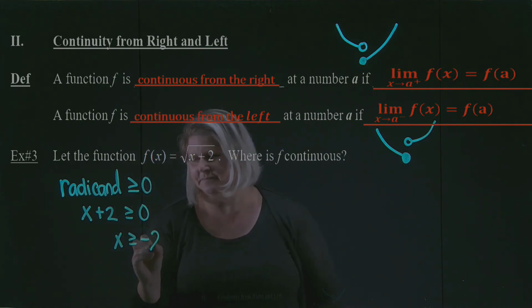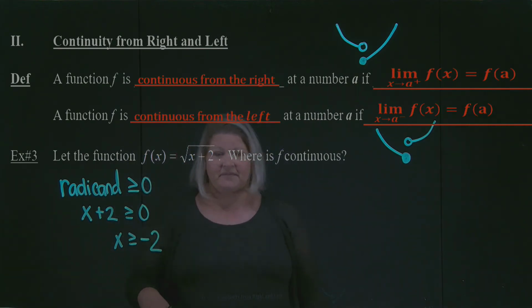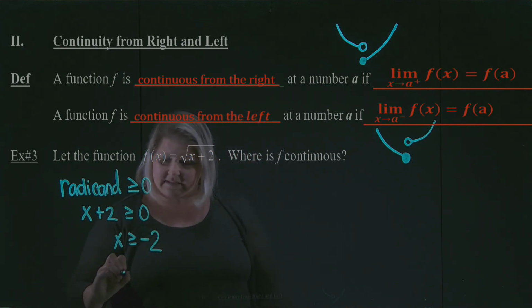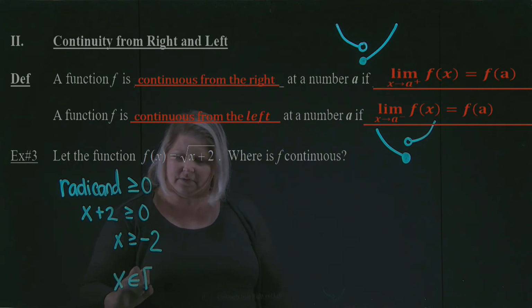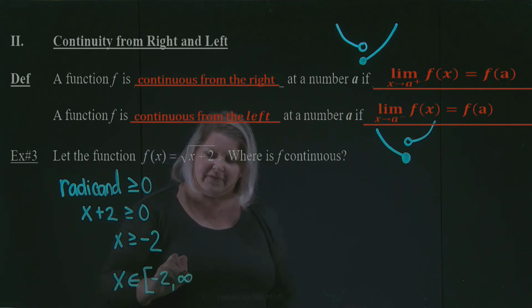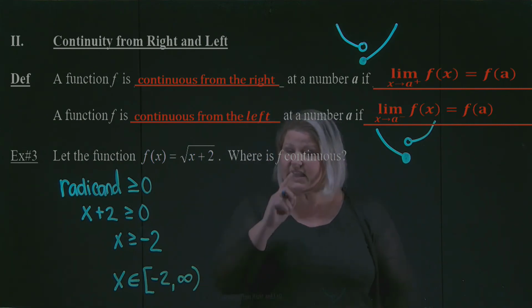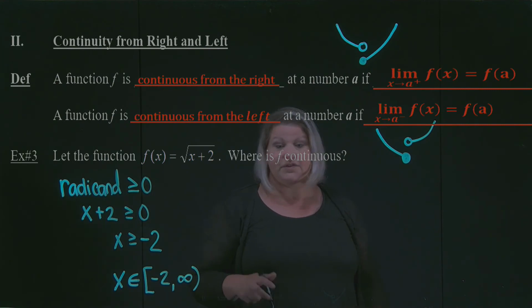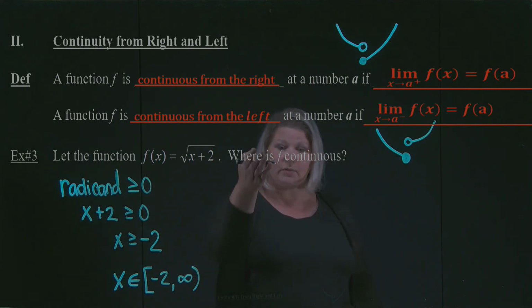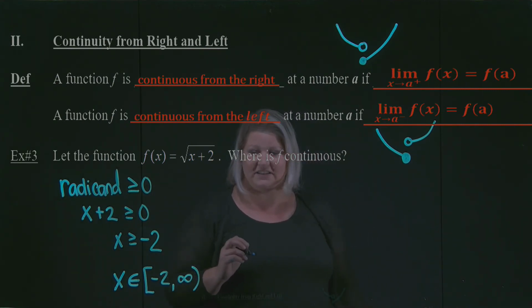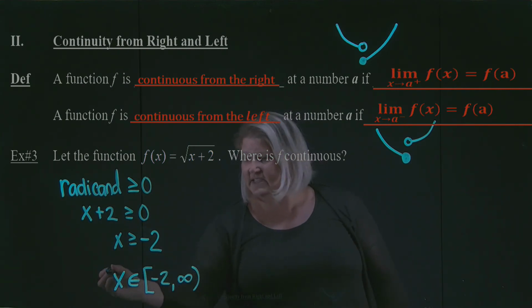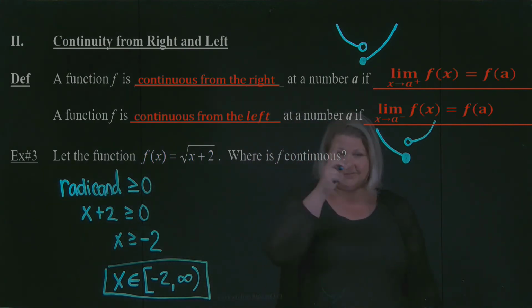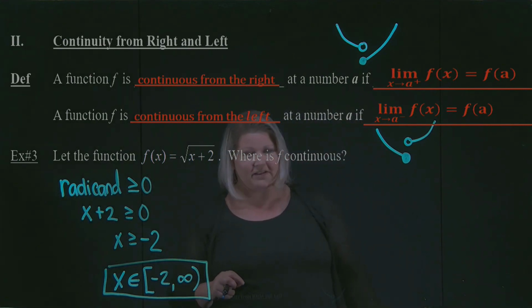Now, if x is greater than or equal to -2, this means that the interval of -2 to infinity, -2 included, is the domain of f. So now that we've found the domain of the function, we know where that function is continuous. So f of x is continuous on the interval from -2 to infinity, where -2 is included.